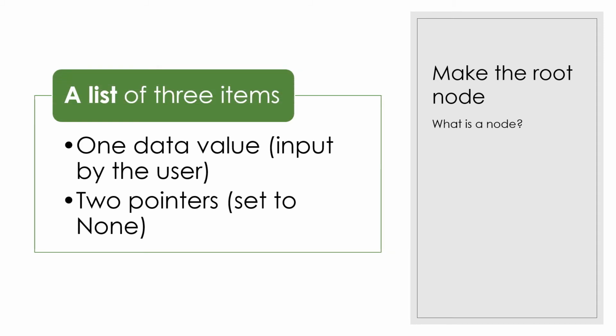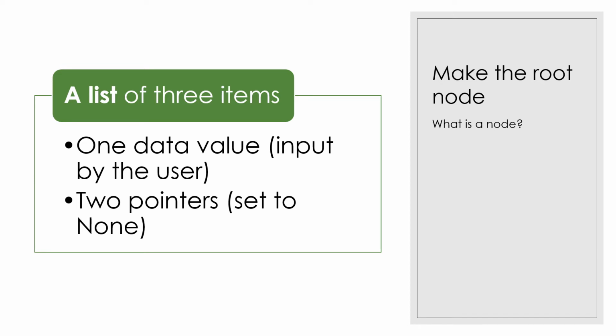So when we're creating a tree using a 2D array, each node is a list or subarray of 3 items: a data value, which would be input by the user, or I guess you could create one that generates it from random numbers, but a data value and 2 pointers.